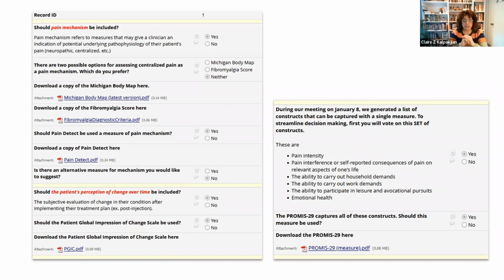I'm going to show you an example of this with our spine team, which had a little bit of overlap with musculoskeletal care. It was quite a big group of people, probably about 25. We needed a way to be efficient in voting on constructs and measures, in this example around quality of life and a few other important aspects of spine and MSK care.